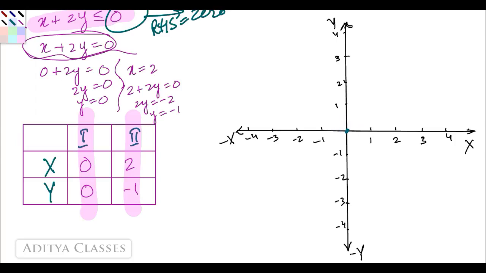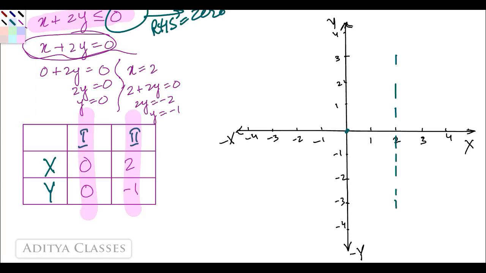Remember, here is my point 0, 0. Then x will be 2 and y will be minus 1. So, where is x is equal to 2? All this is x is equal to 2.